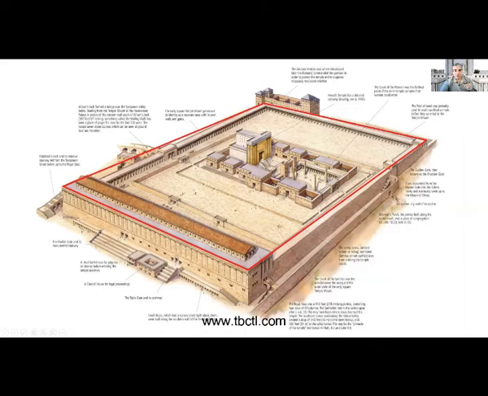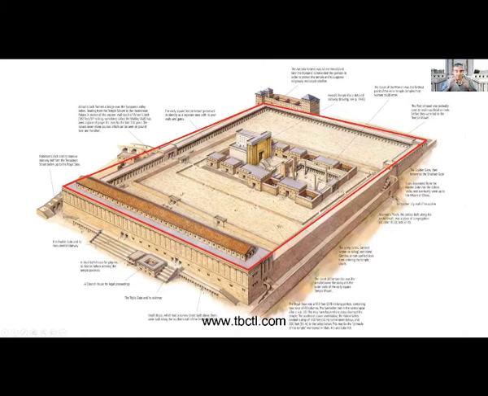We have the Jews section, the non-Jews section. This line here was actually found in the Sifter project. It was actually found saying, "If you're not Jewish, do not cross beyond this point." We have the women's courtyard. We have here the steps of the Levites, the main temple itself, and of course the Holy of Holies.